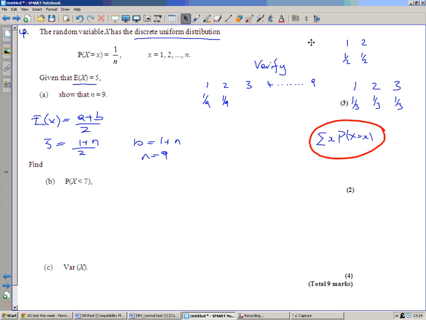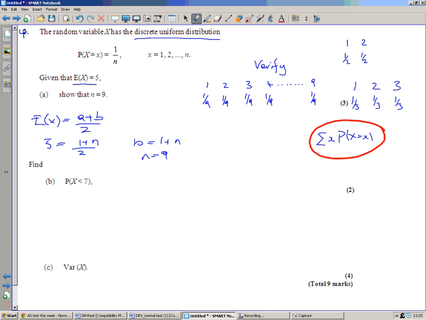It was considered acceptable in the exam. But actually that's more like verifying that E(X) is equal to 5 if n is equal to 9, working the other way around. They allowed that in this particular case. Okay, so that does work. That's our discrete uniform distribution.